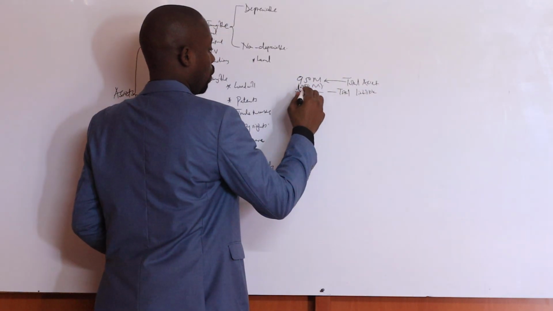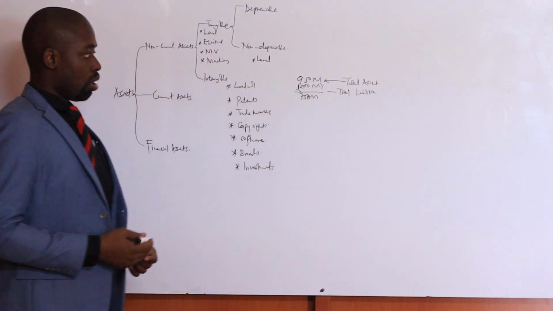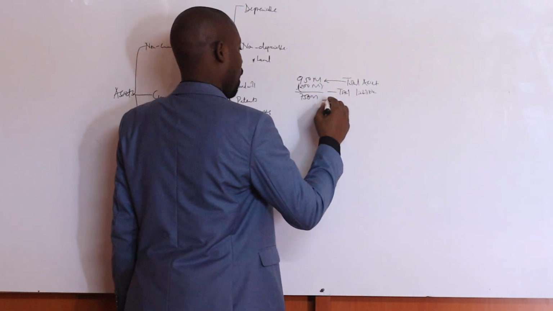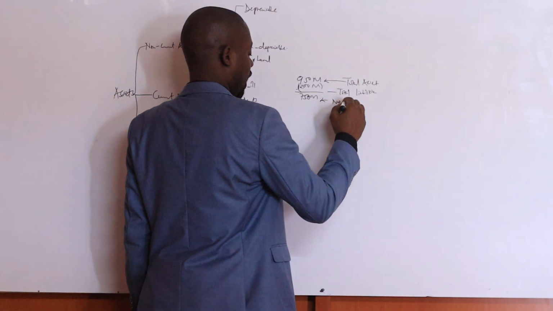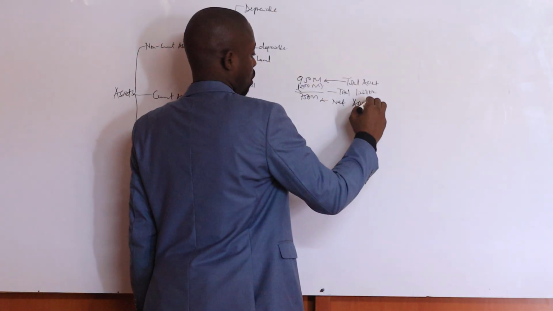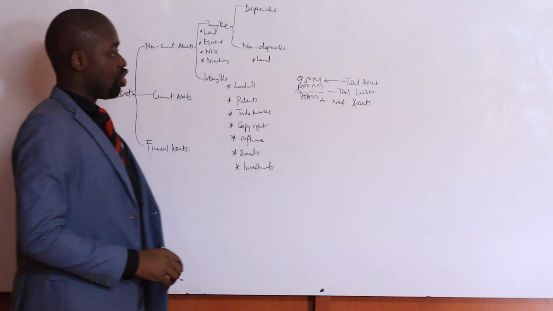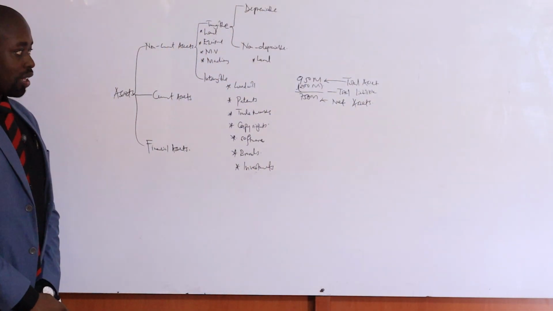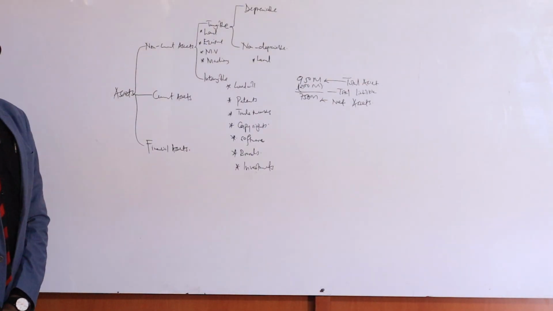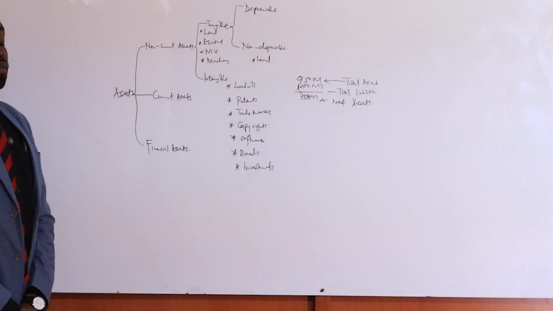The net difference is 750, what you call net assets. After netting off liability, you get net assets. So the buyer is wondering, why am I being charged 900, yet the net assets, the physical assets I can see, the valuation is 750?